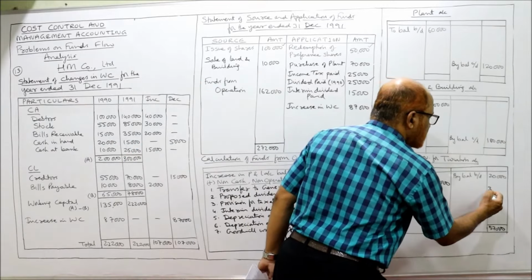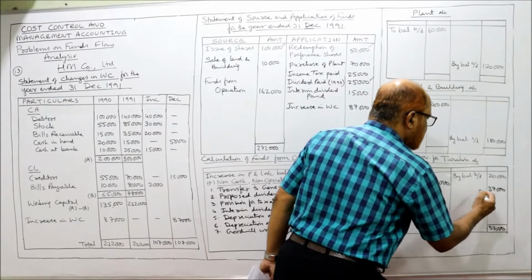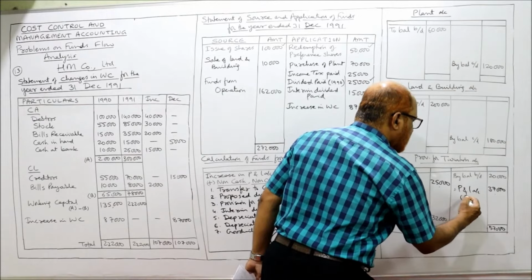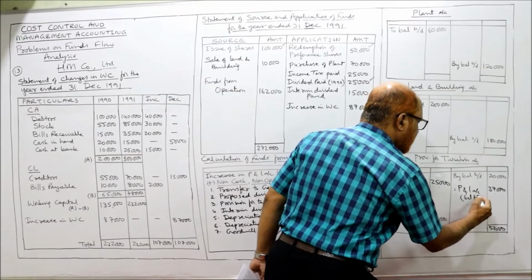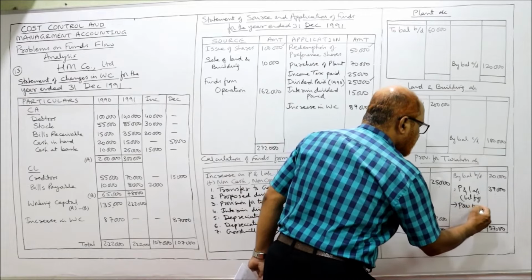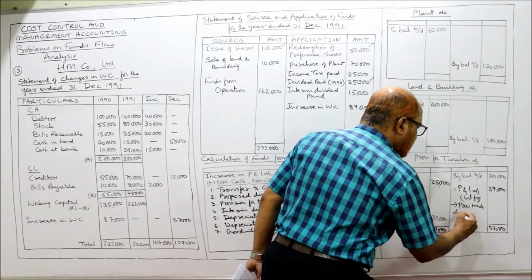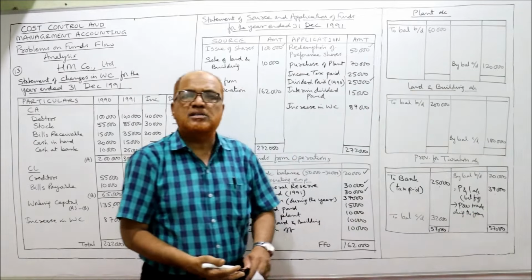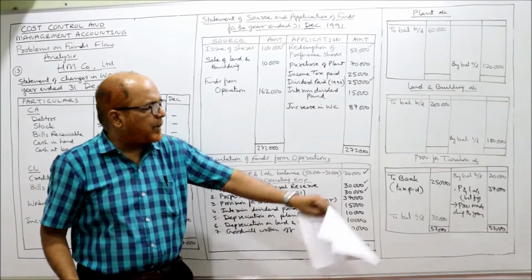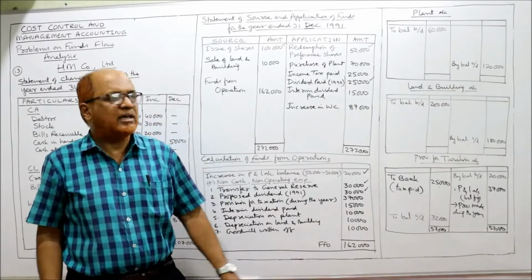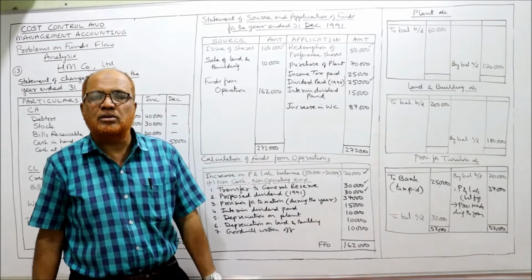This 37,000 is the balancing figure, the profit and loss account balancing figure: provision made during the year. In the problem it is not given as provision made. By preparing this account we come to know there is a provision made during the year of rupees 37,000.